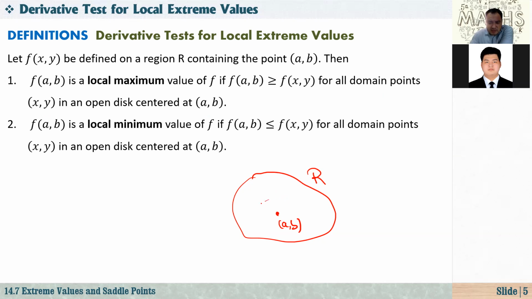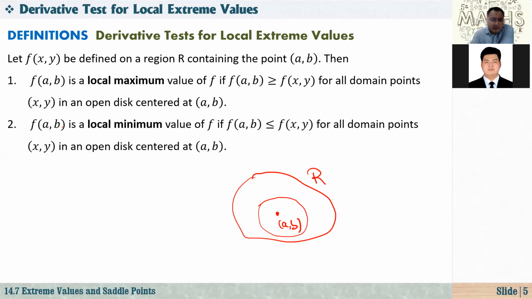That means if you take an open disk that contains the point (a, b) as its center, and f(a, b) gives the greatest of these values, then f(a, b) is the local maximum of the function f.